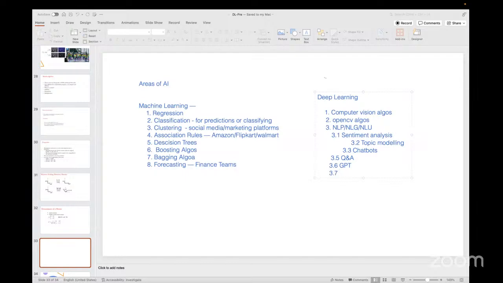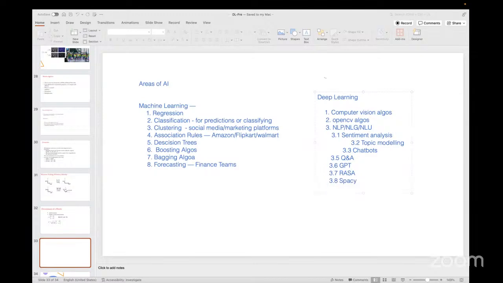And then we go through some tools like Rasa, spaCy. So these are the different areas that we cover.